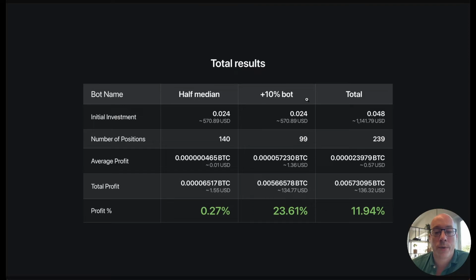On the long term, these percentages are definitely possible. And if something like Luna doesn't happen anytime soon, then we can see that this will grow very fast again as well. And in the total one, we can see the same investment, but now 239 positions and roughly 12% profit on the total portfolio.